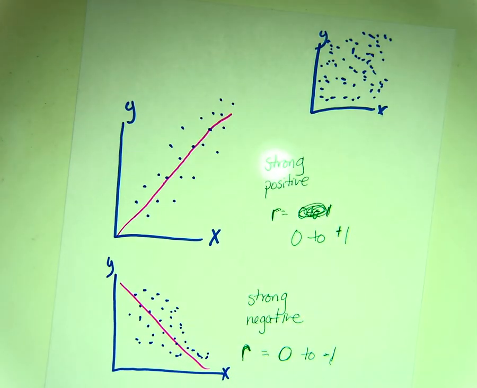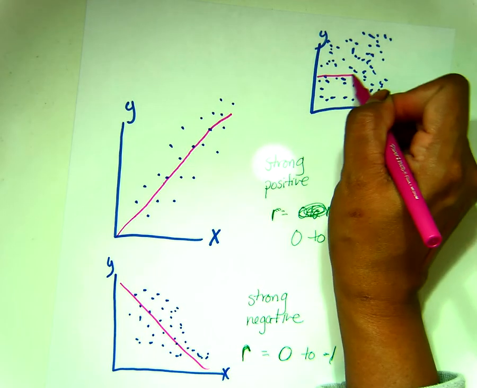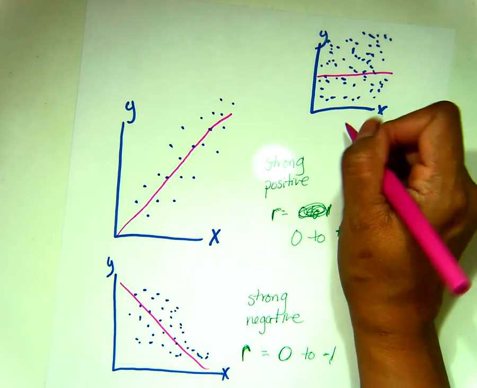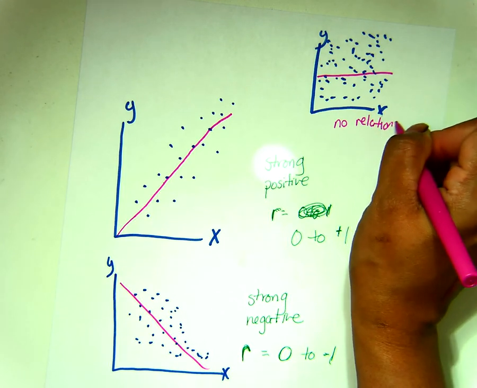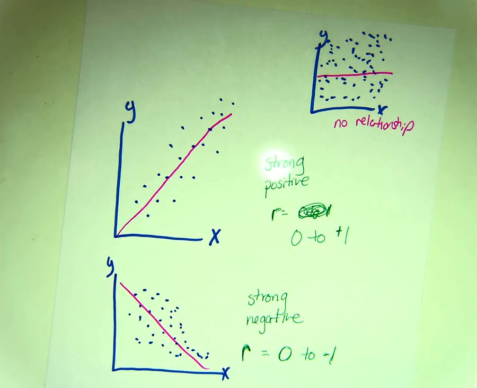So when you can't determine what it is, you assume that it's no relationship, because you can't measure it. It's non-existent. So we're looking at either positive or negative relationships. That's all with regard to linear regression.